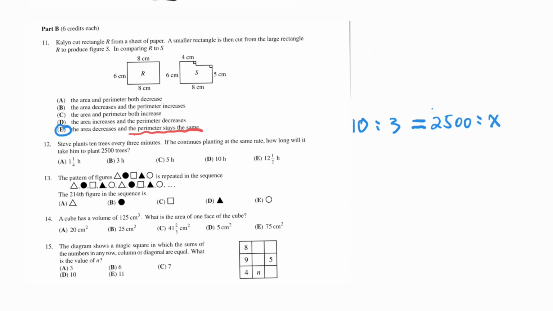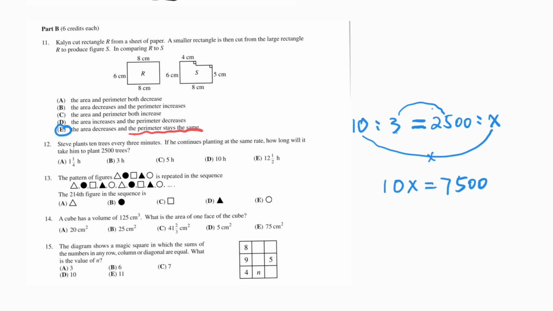Use x minutes. For the ratio equation, we use the outside term times outside term, inside term times inside term. They are equal. That gives us 10x equals 7500.